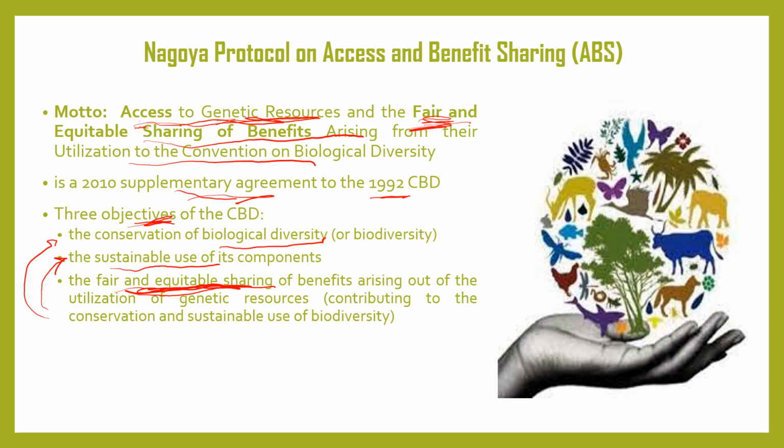Once we share any biological resource fairly and equitably, naturally there will be protection and conservation of biodiversity, and there will be a sustainable use of that particular animal or plant.